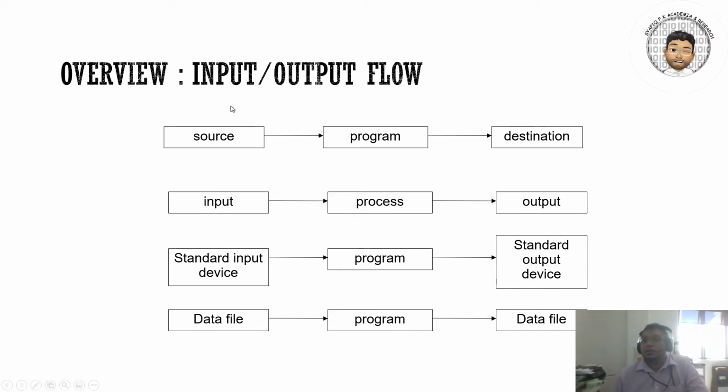So there is a source of the data, there is a program, and there is the destination. Basically the source is the input, and the program is the process that creates the output. The input can be a standard input device, the output can be a standard output device, and the input can also be a data file, or even the output can be a data file. Yes, you can read data from a file and produce a different file using coding.